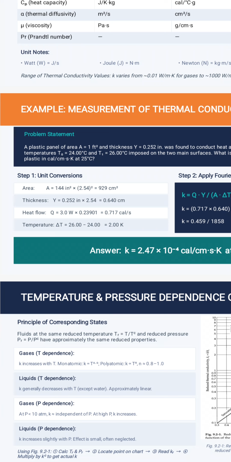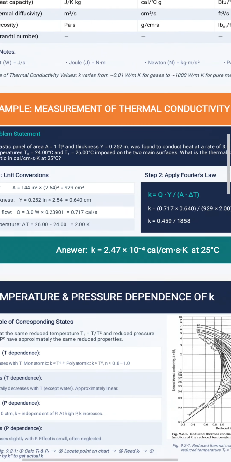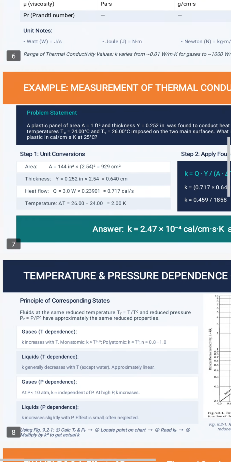Heat flow is 3 watt, which can be equated to 0.717 calorie per second. Delta T is 2 Kelvin. Now substituting all the values in Fourier's law gives us K equal to 0.459 by 1858, that gives us K equal to 2.47 times 10 to the power minus 4 calorie per centimeter second Kelvin at 25 degrees Celsius.